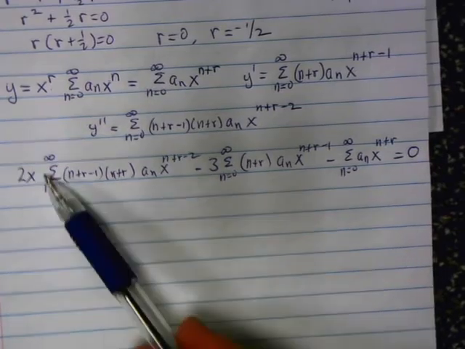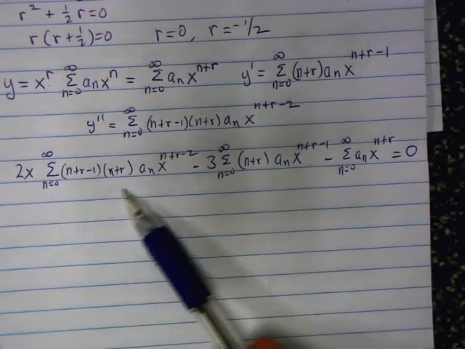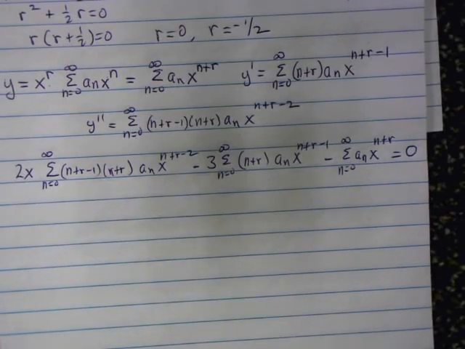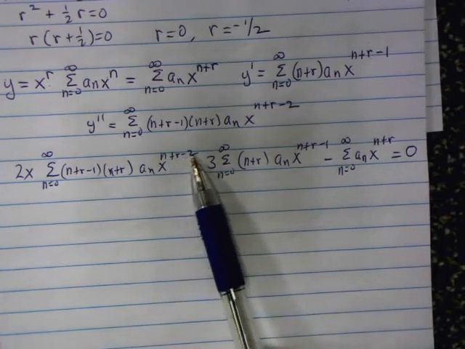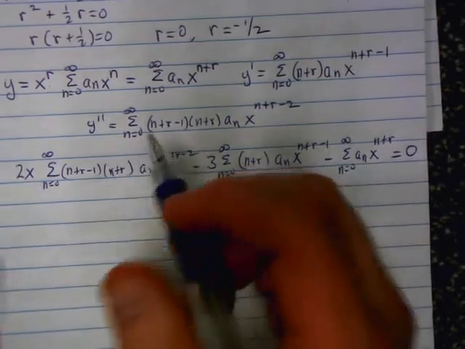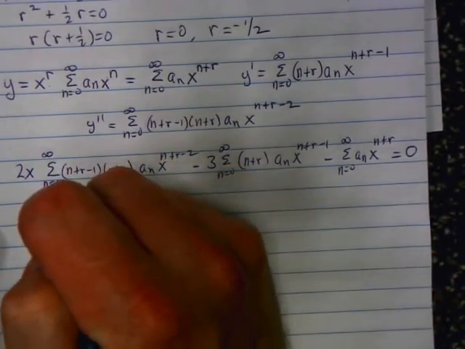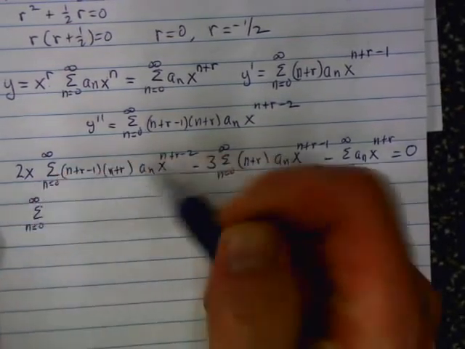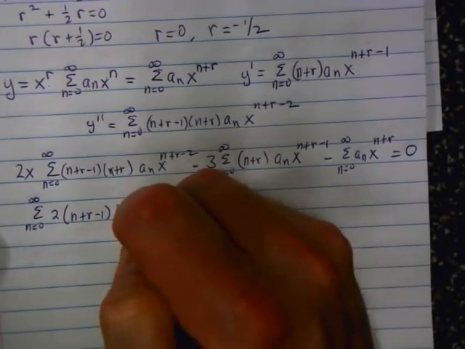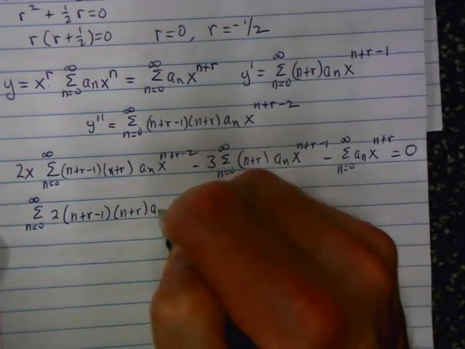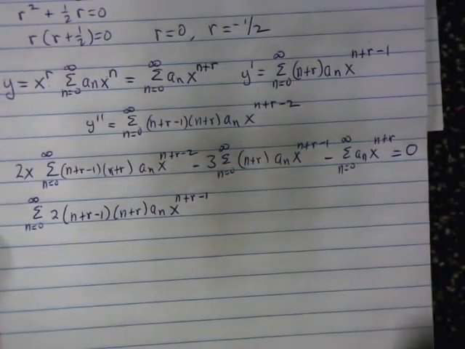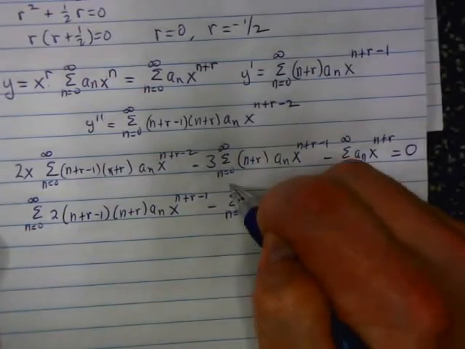I'm going to take this 2x and I'm going to move it in there. What happens when I take that 2x and move it in there? I get n plus r minus 1, because I have a minus 2 there and I'm adding 1 in there. Okay, so I've got to rewrite this whole thing again. This is the sum from n equals 0 to infinity, 2 times n plus r minus 1, n plus r, a sub n, x to the n plus r minus 1, minus the sum from n equals 0 to infinity.